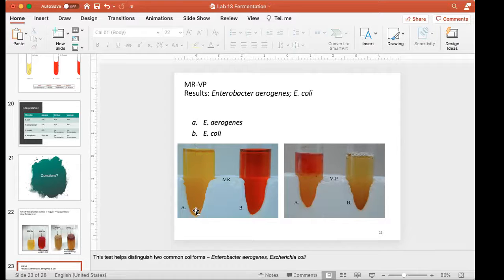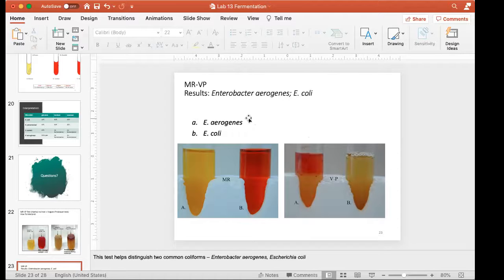Enterobacter aerogenes, E. coli, after 24 hours of incubation, methyl red. This is the Enterobacter aerogenes test for the VP. After 24 hours of incubation, after the reagent was added, here are the results. And here is E. coli.